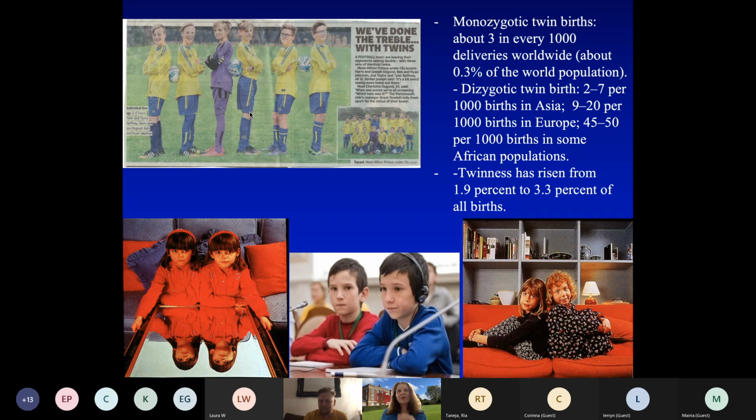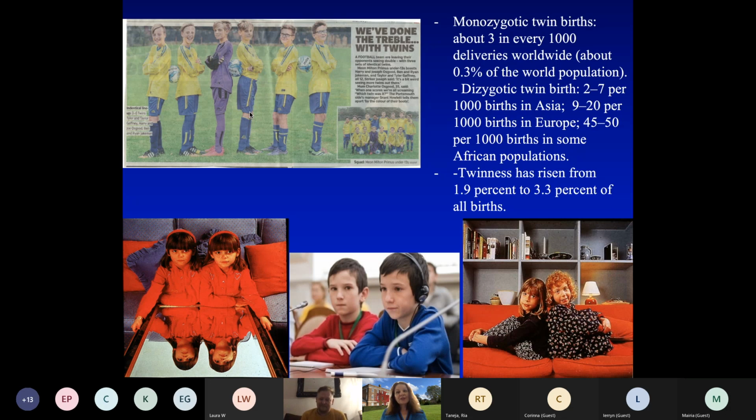This illustrates, first of all, that twinness is quite common, and secondly, that chance plays such a big role in our lives. It's really quite a rare event that all these twins would end up in one local football team.